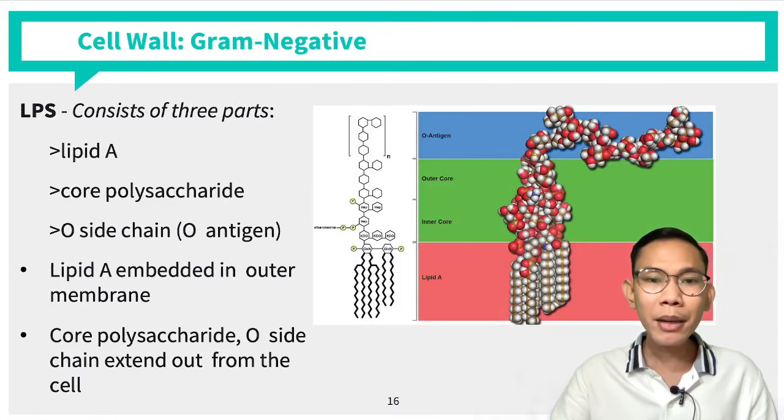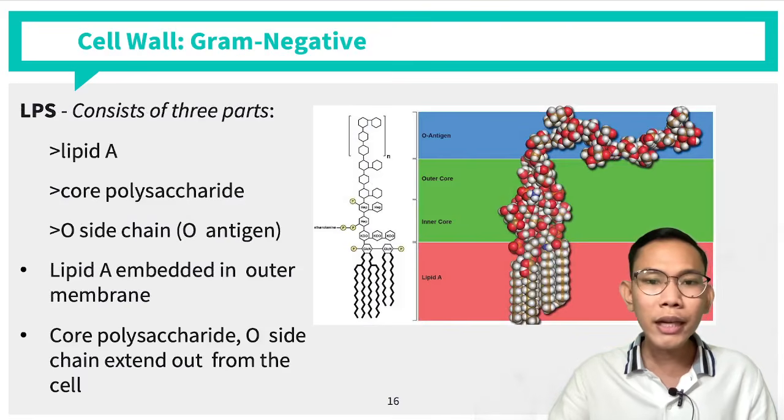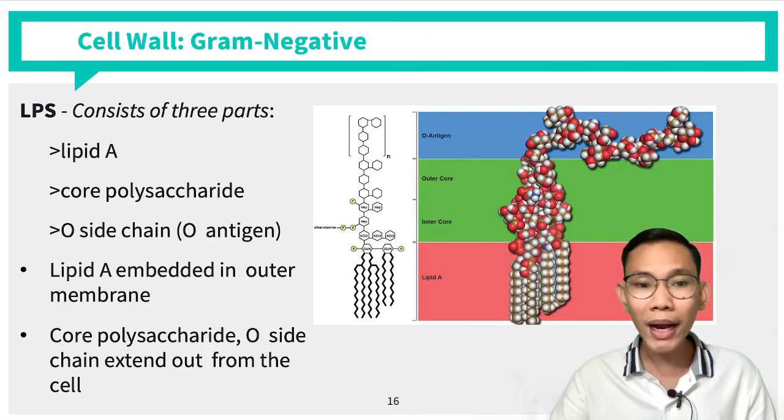So, remember, diba nasabi natin kanina, it is also composed of your lipopolysaccharide. So, your lipopolysaccharide actually consists of three parts. Meron siyang lipid A, your core polysaccharide, and your O side chain or your O antigen. So, your lipid A is embedded in the outer membrane, while your core polysaccharide or your O side chain extend out from the cell.